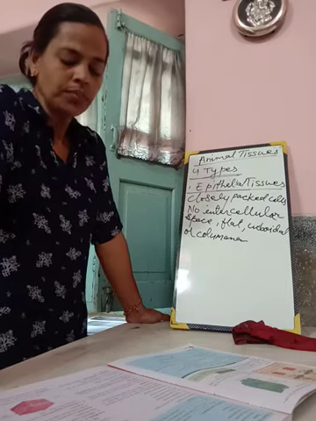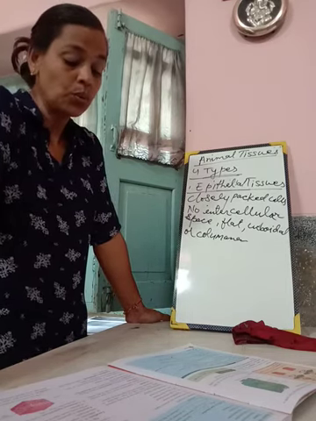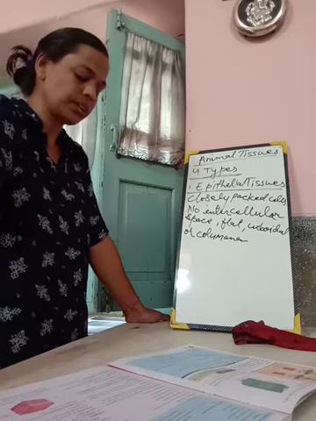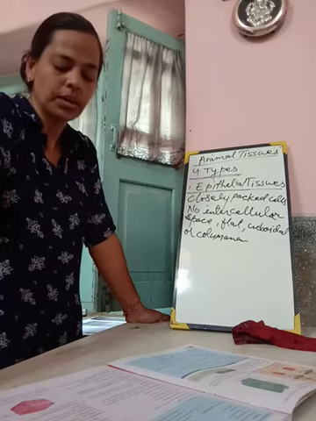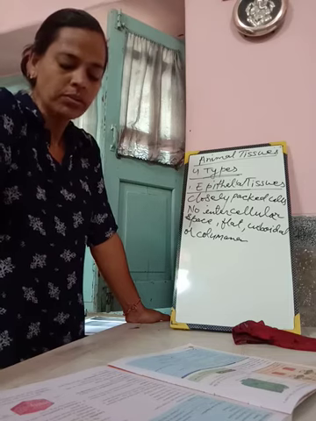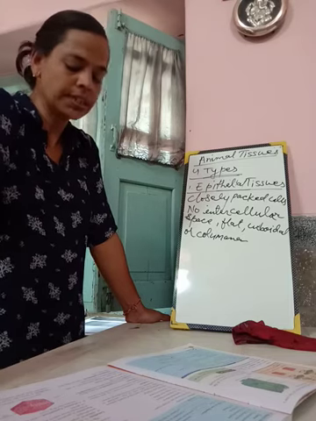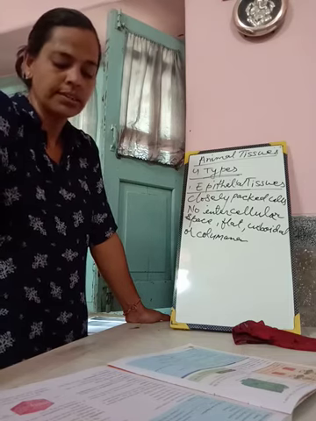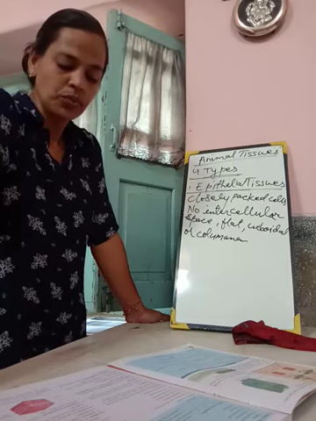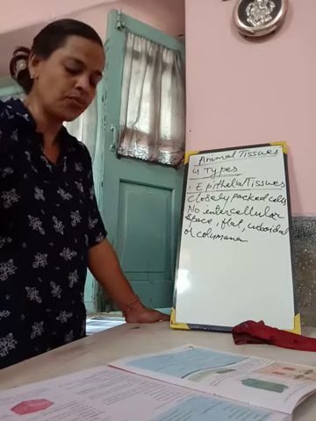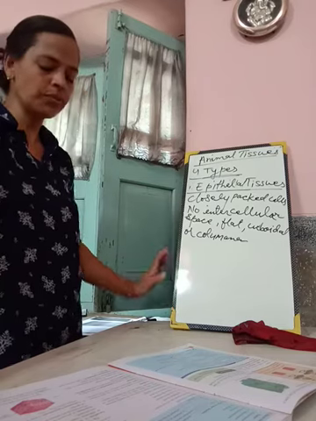The function of this type of tissue is to protect the body. It also helps in secretion of mucus and saliva and absorption of digested food. What is the function of this type of tissue?